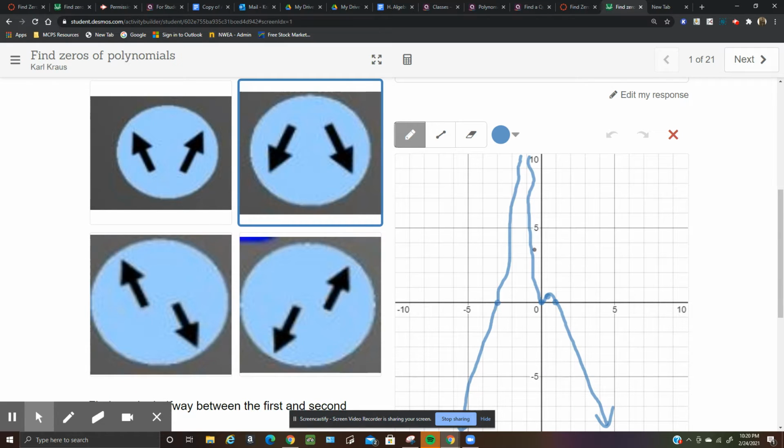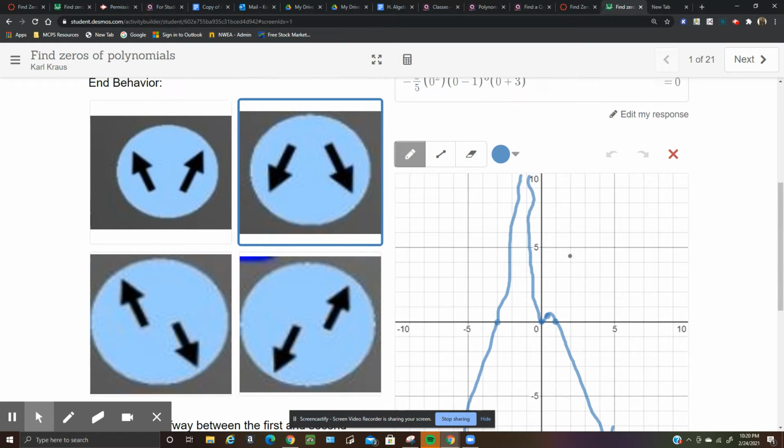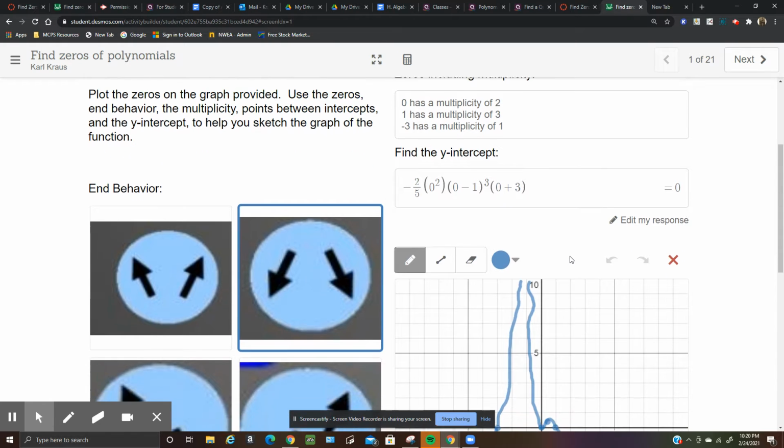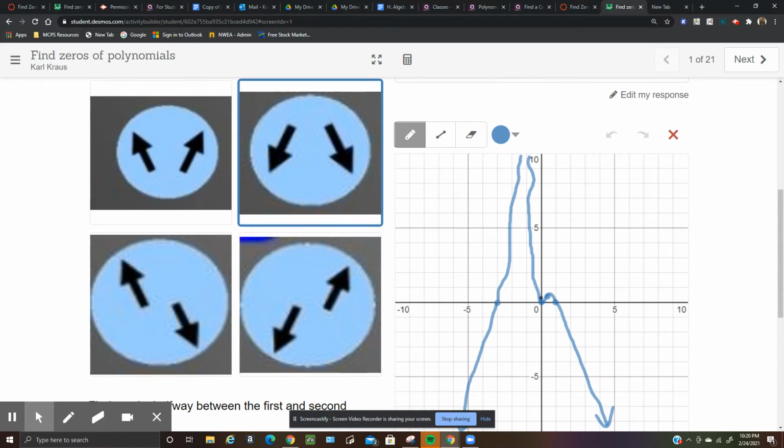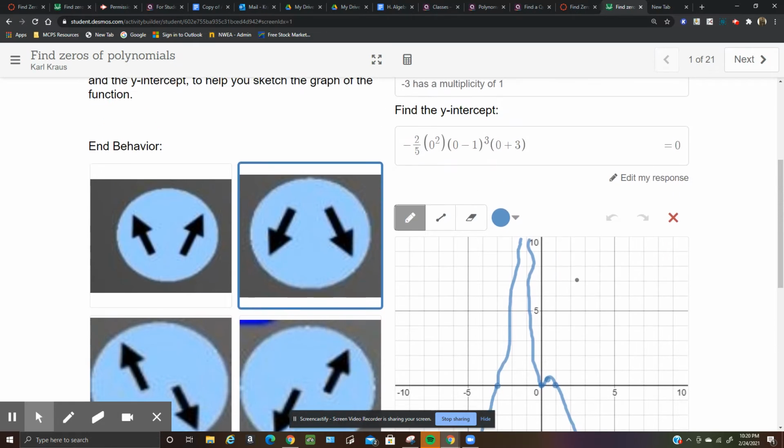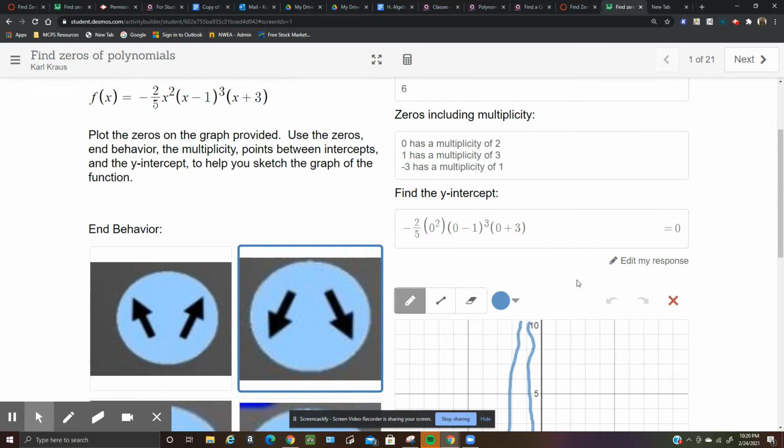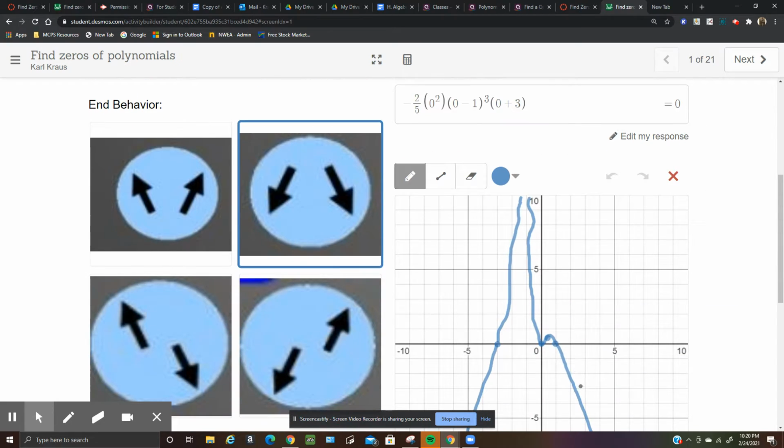And then coming down here, 0 has a multiplicity of 2, so bounce off the x-axis, go through this point, and 1 has a multiplicity of 3, so this is a little bit concave up and then concave down.